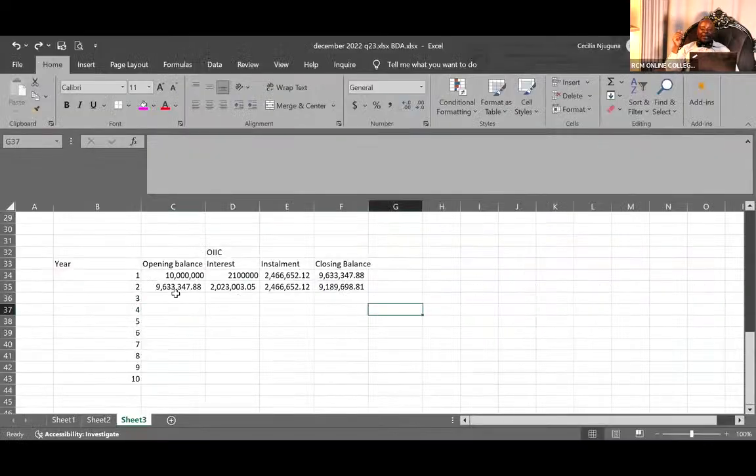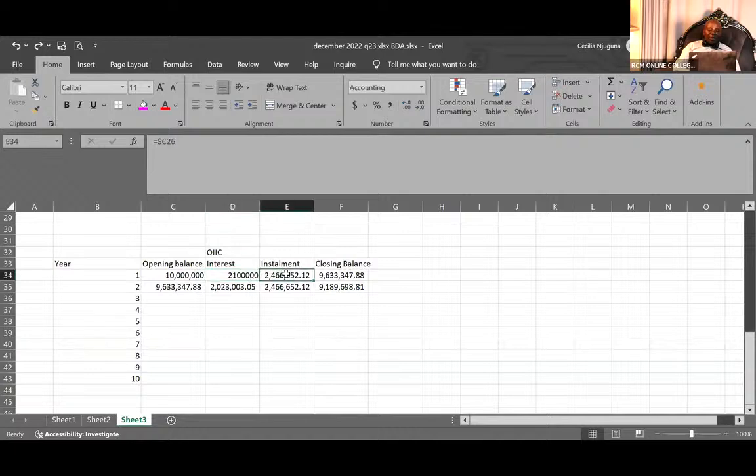All right. Place the cursor on cell D34. D34. Very good. Place the cursor on E34.